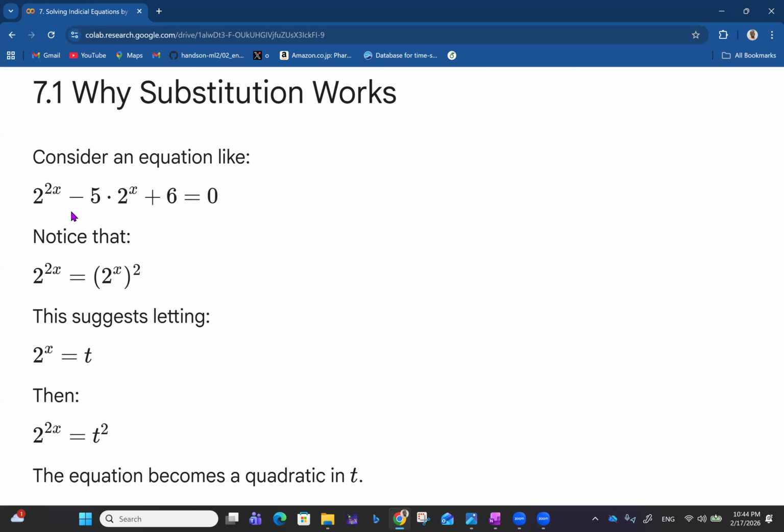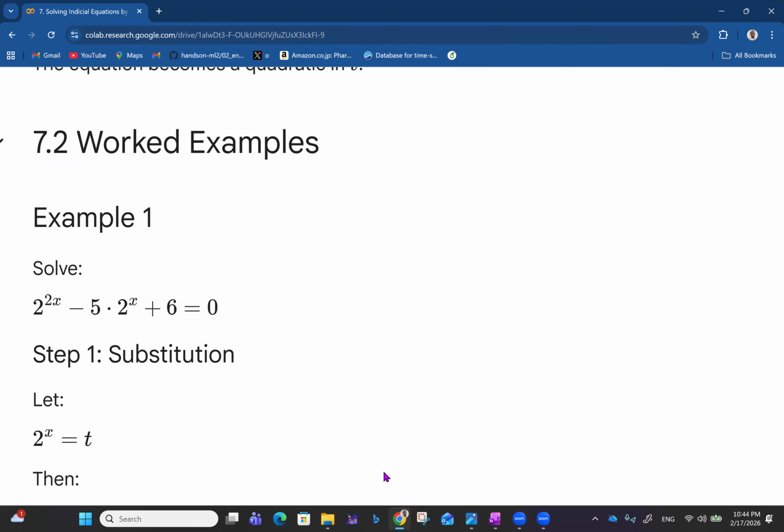If we have that, then 2 raised power 2x will be t squared. And then we have minus 5t plus 6 equals 0. That looks amenable to solution based on our knowledge of polynomial equations. So the equation becomes a quadratic in terms of t, which we can solve. And by the time we get t, we can take it back to where we're bringing it from. So that's what we are here for.